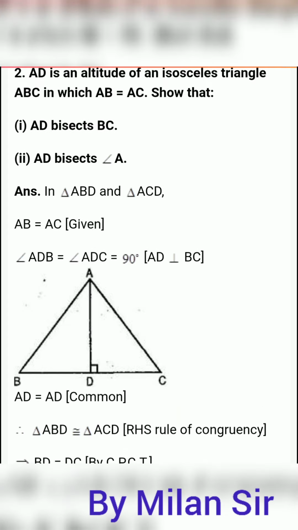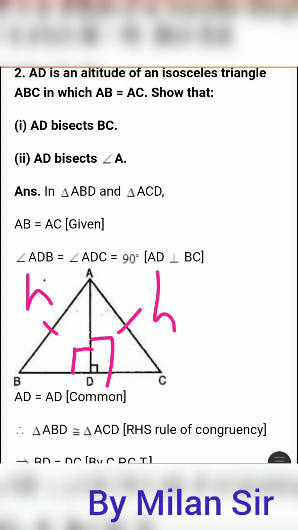For that, just consider these two triangles ABD and ACD. In that, here 90 degree angle and here also 90 degree angle, so both are the same. Then AB is equal to AC because ABC is an isosceles triangle, and both are hypotenuse, since ABD and ADC are right angle triangles. Now the third thing is AD is a common side in both the triangles.